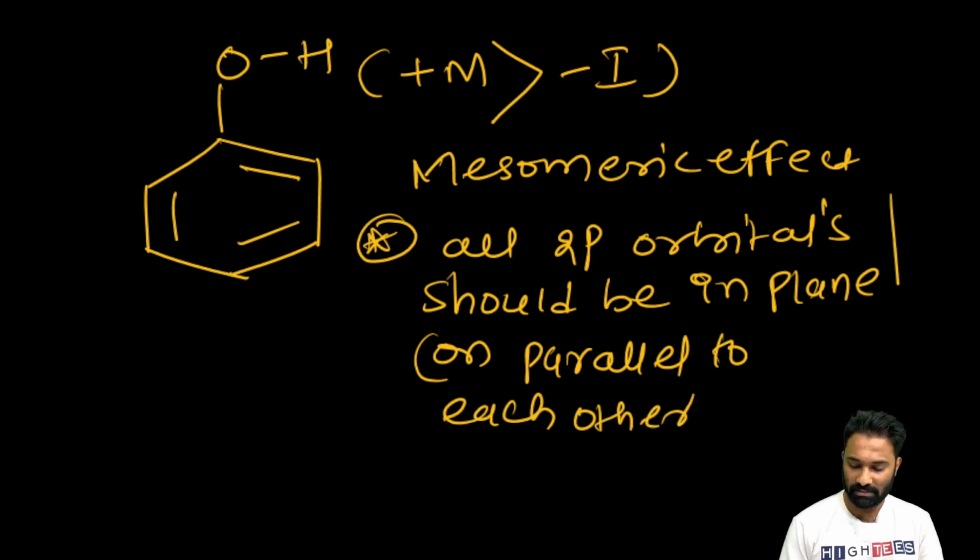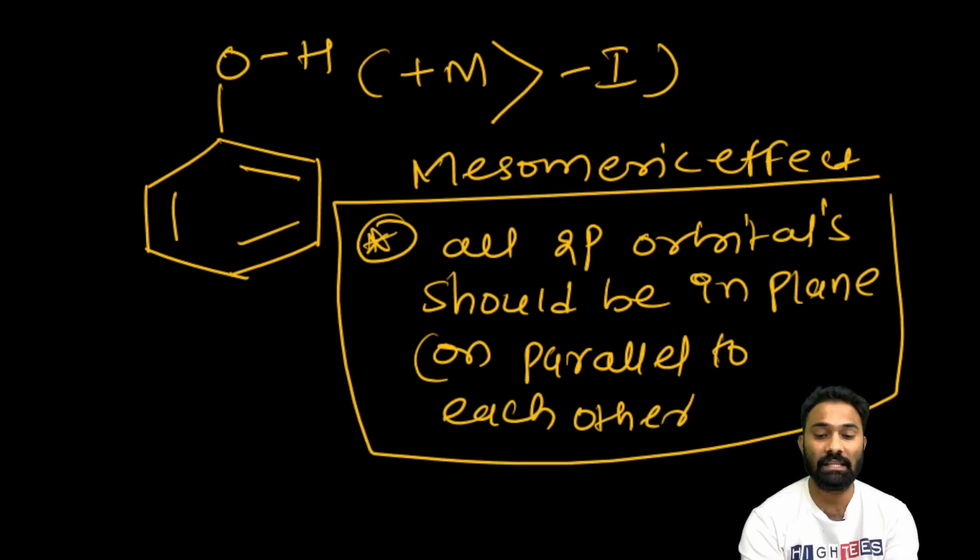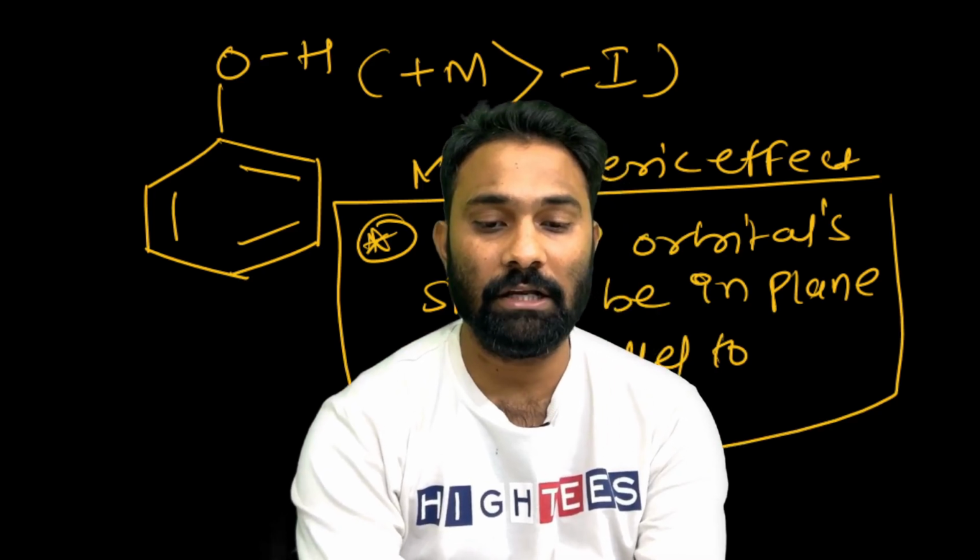This is the one key point we have to remember. Now based on this key point, how is the phenol showing the plus M effect more than the minus I? Now with the molecular model I will explain.